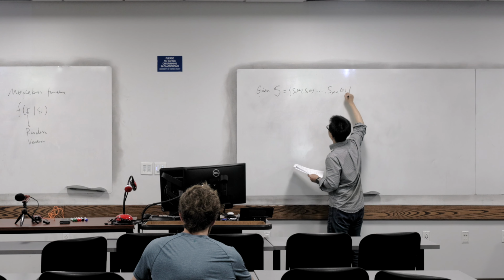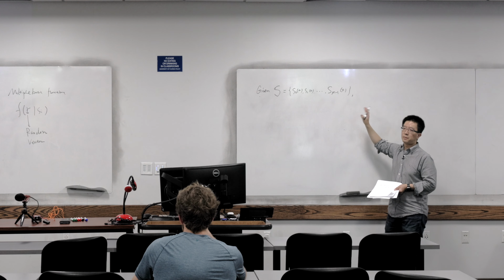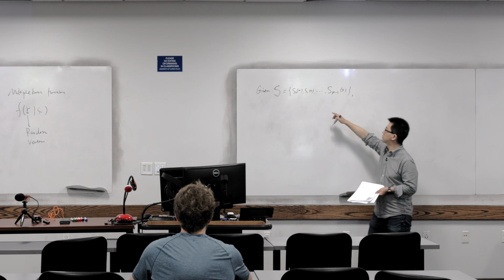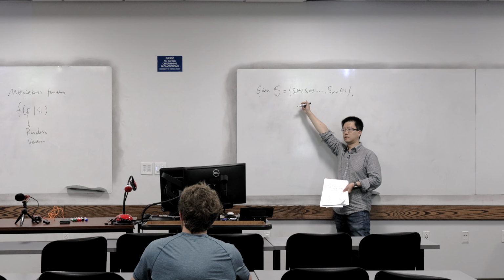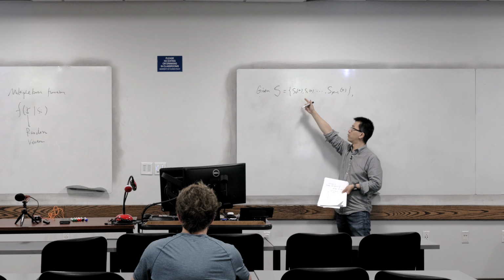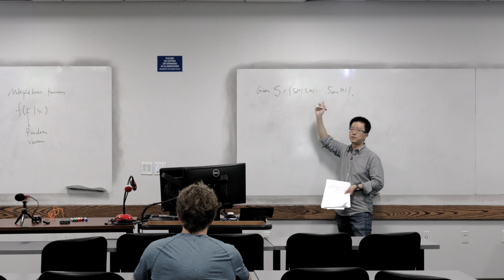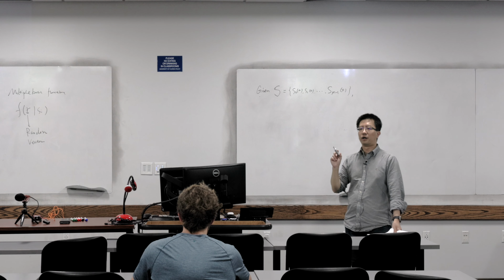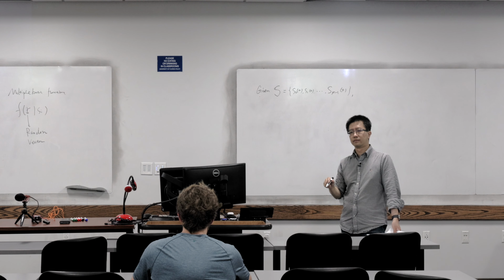Let's recall: if I have M waveforms to send, how many bits can we transmit per waveform? If M equals 2, we have S0 and S1, so we can transmit 1 bit, 0 and 1.